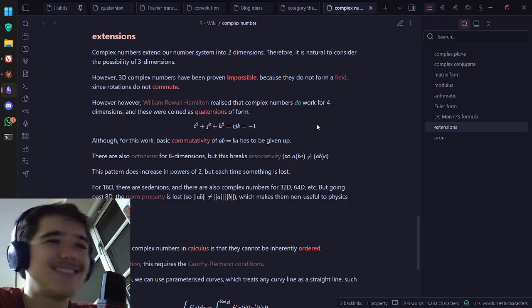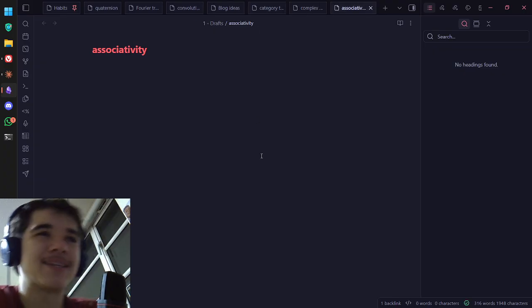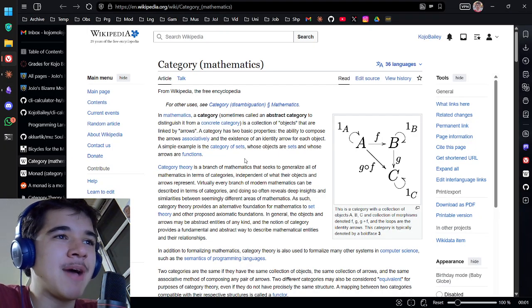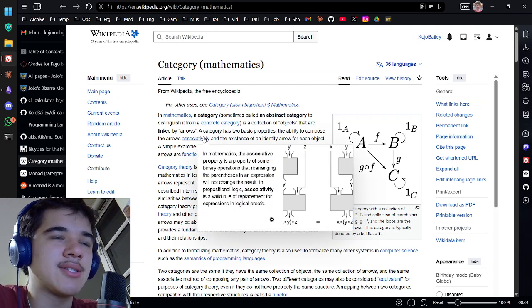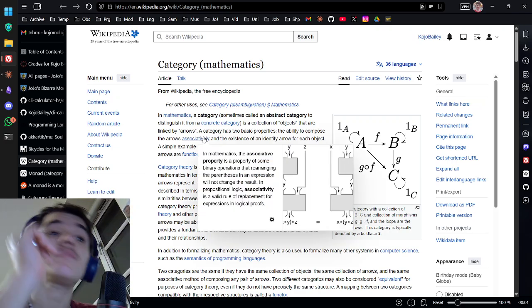Great. Okay, so let's go ahead and expand this into an actual note here. I will be taking notes throughout this because I think that'd be a good way to consolidate this knowledge.